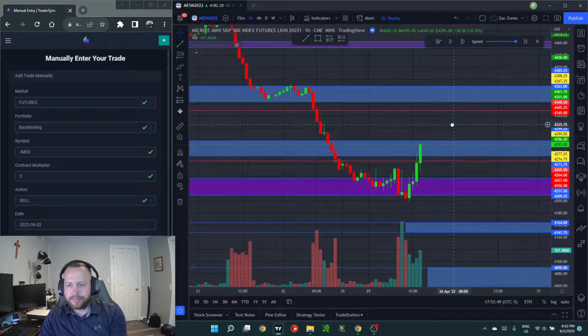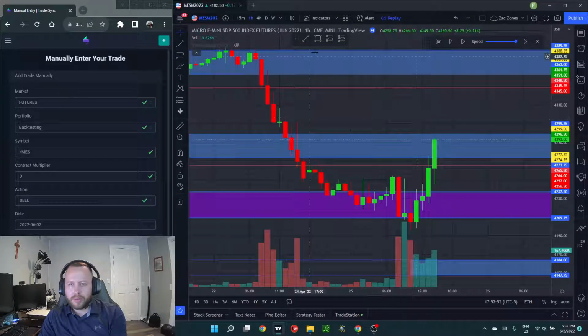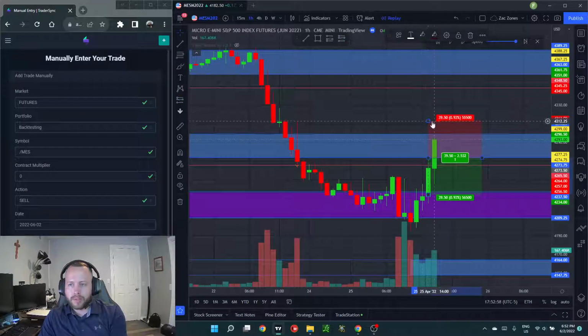There we go. So we got the type 1. Would have been right here. My stop would be right above that wick. Maybe right about there.